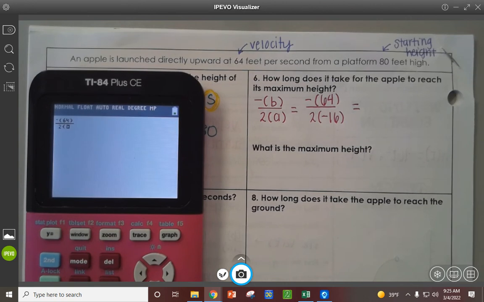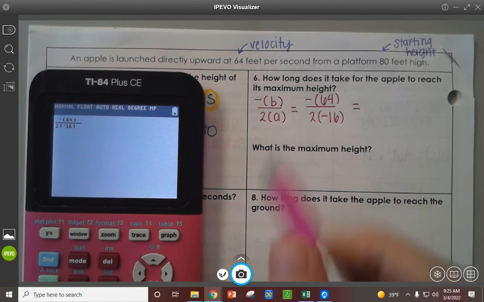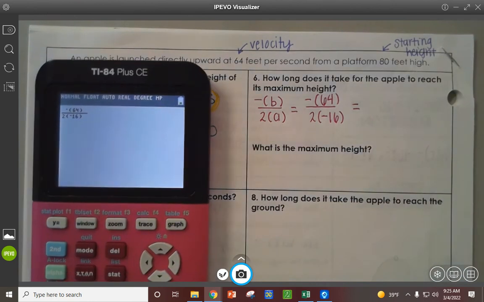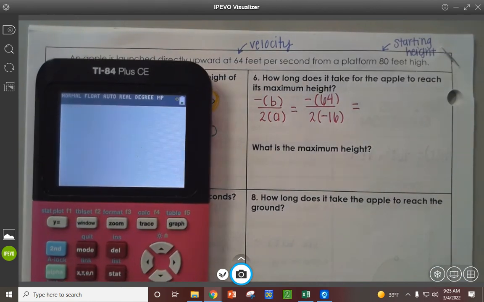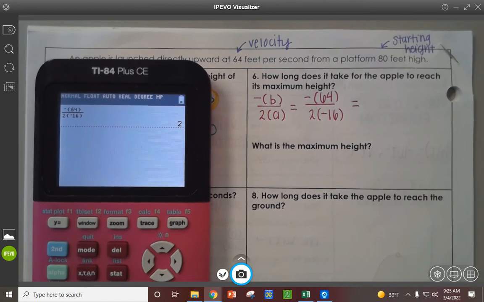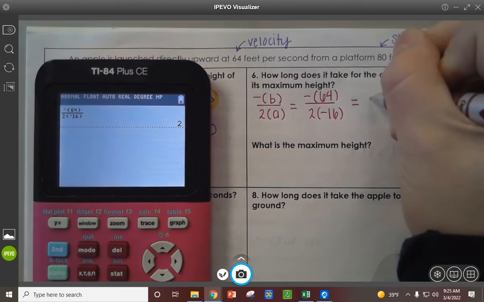Now, when you put it in the calculator, is it a negative or is it just a minus? If it's in the very front, it has to be a negative. And if you try to put a minus, it'll give you that error that you did it wrong. And what do we get? 2 seconds.